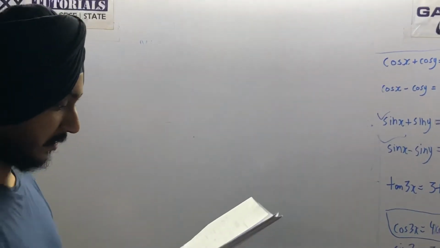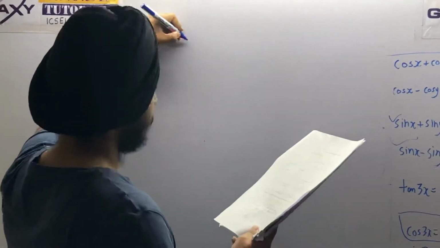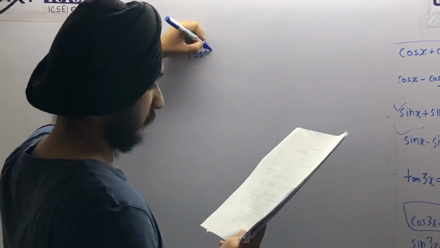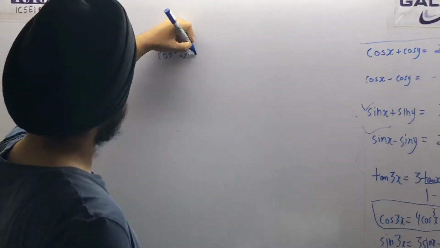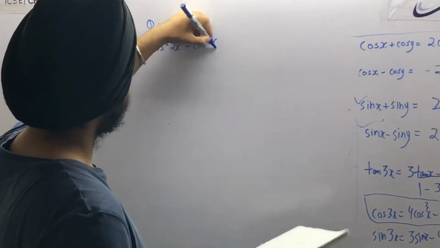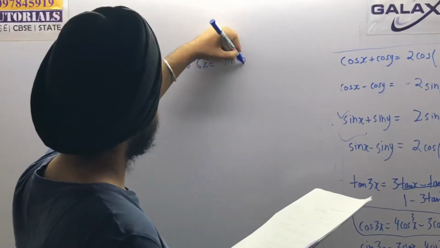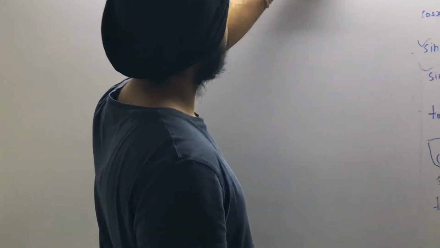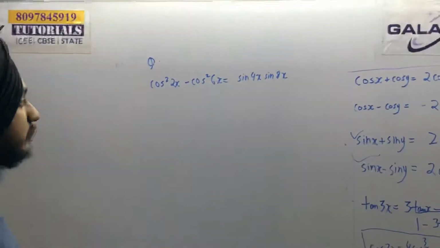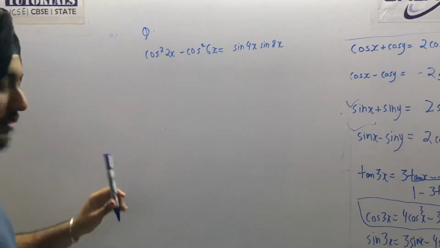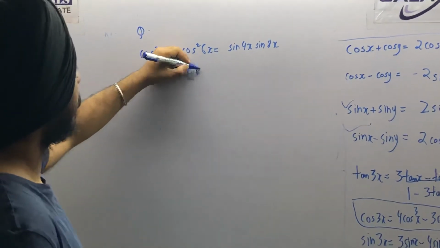Next question is, let's see. Cos square 2x minus cos square 6x is equal to sin 4x sin 8x. Yes, we will do it the same way that we did the previous question.